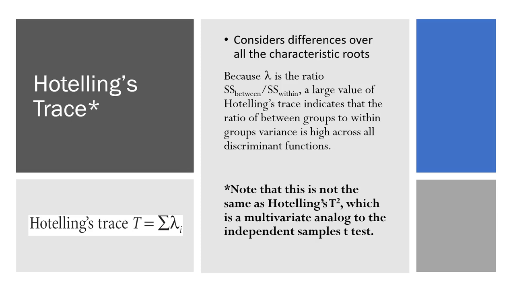Hotelling's trace, here we see this capital T that looks like it's italicized, and so we're looking at the sum of eigenvalues. So we're looking at the ratio of the sum of squares between divided by the sum of squares within. A large value for Hotelling's trace indicates that the ratio of between groups to within groups is high across all discriminant functions. So again, here we're looking at the ratios of variance across your discriminant functions.